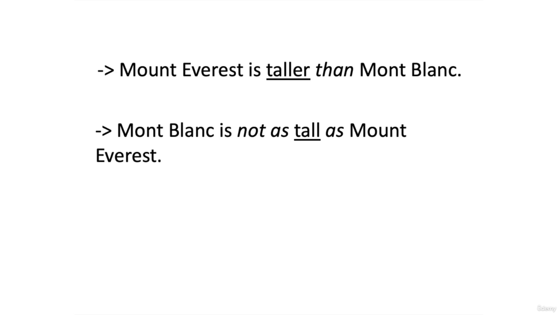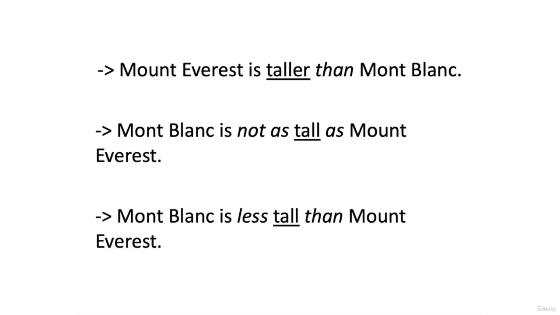Mont Blanc is not as tall as Mount Everest. Mont Blanc is less tall than Mount Everest. All three sentences have the same meaning. That Mount Everest is tall. It's taller than Mont Blanc.